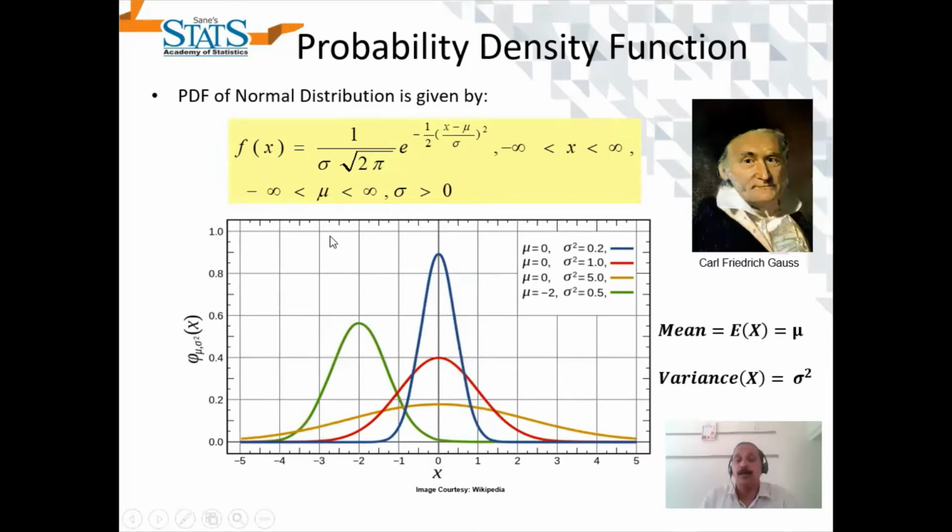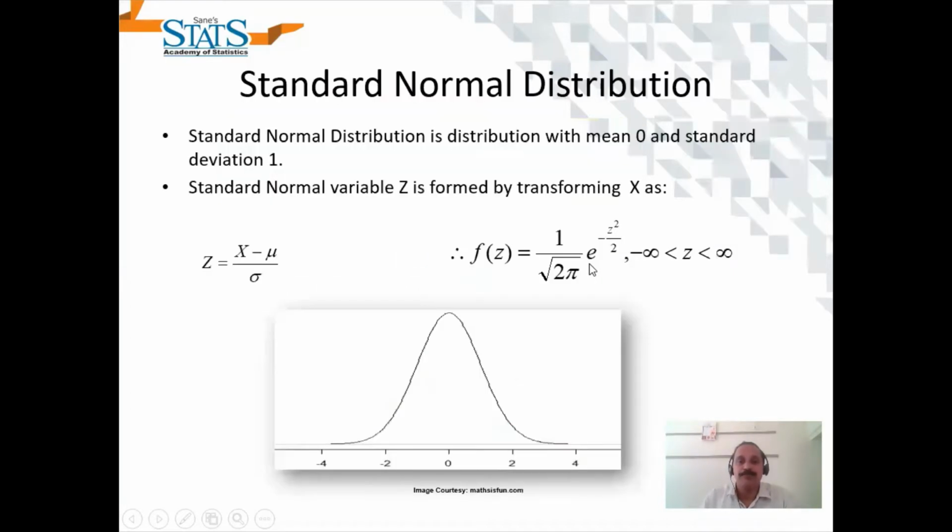Well, when sigma is big, then you will find that the curve will be more platykurtic. And when sigma is small, it will be more leptokurtic. We also have a Z transformation for this distribution called standard normal distribution.